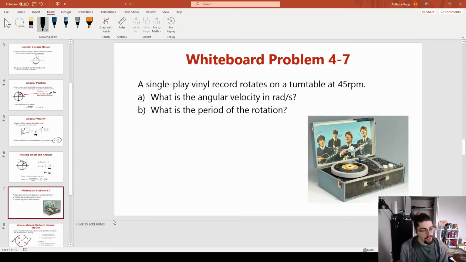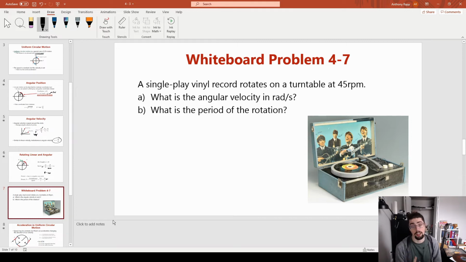So let's go ahead and try this in a problem. This is not so much a problem as it is converting between some units. I keep talking about omega being in radians per second, radians per second, radians per second. However, omega is always just some measure of how quickly we are rotating around the circle.